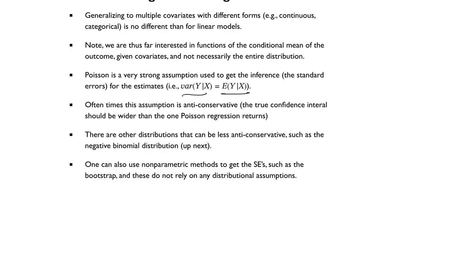One way to think about Poisson is that it assumes everybody with the same covariates has the exact same rate. It doesn't allow any variability in the model. So it assumes everybody in the filter group has the same underlying rate of the outcome.